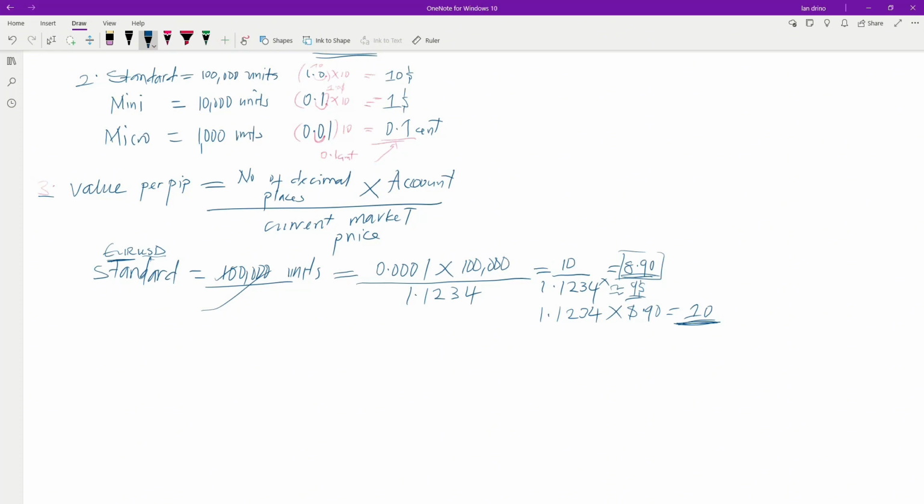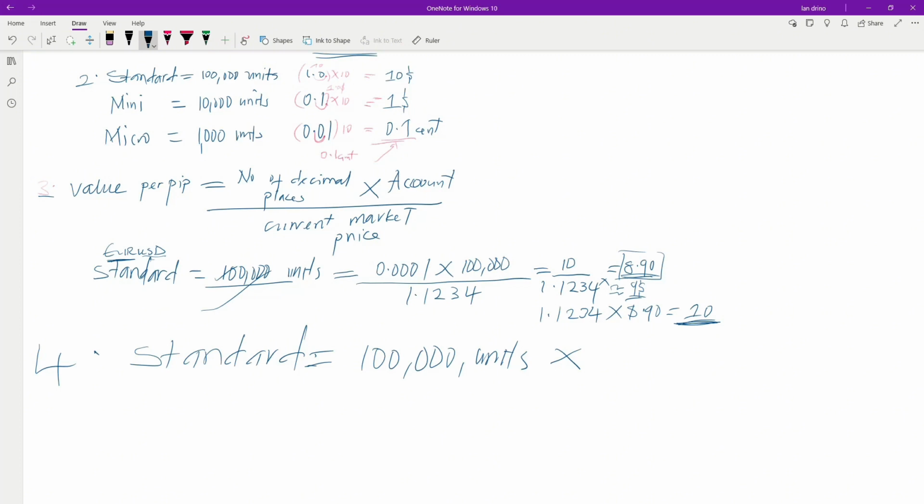Now I am going to show you the last method, how you can determine the value of a pip. If you are trading a standard account, you always start with a standard. A standard account is equivalent to 100,000 units of currency. To know the value of a pip for a standard account, you multiply it by the number of decimal places for the major currency pairs.